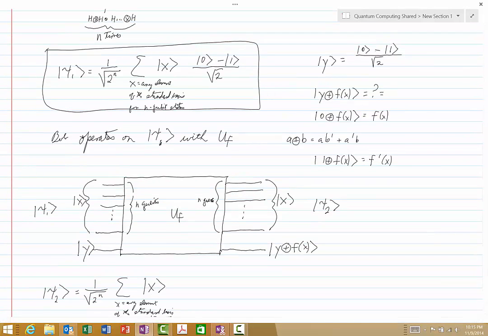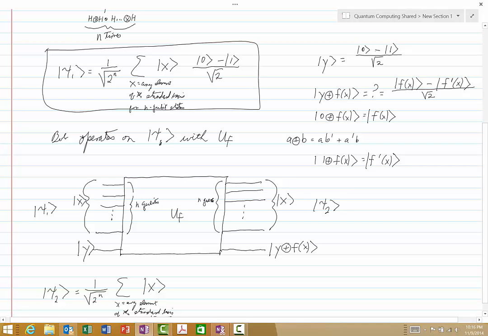Since y is equal to 0 minus 1 over the square root of 2, and since 0 exclusive or f of x is f of x, and likewise 1 exclusive or f of x is f prime of x, then what we get here is y exclusive or f of x is f of x minus f prime of x over the square root of 2.